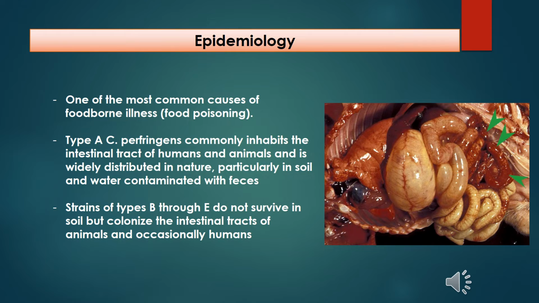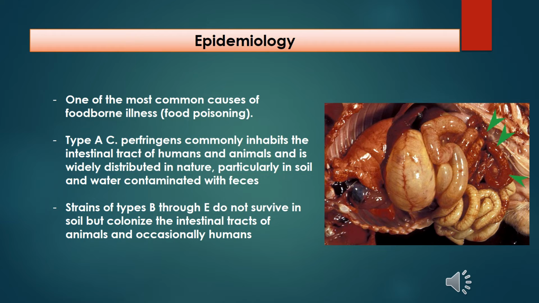Type A Clostridium perfringens commonly inhabits the intestinal tract of humans and animals and is widely distributed in nature, particularly in soil and water contaminated with feces. The spores form under adverse environmental conditions and survive for prolonged periods.